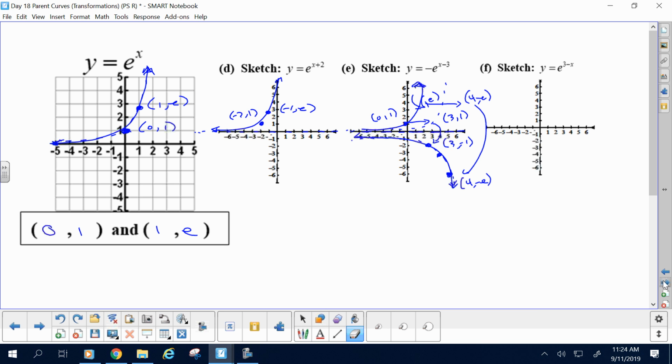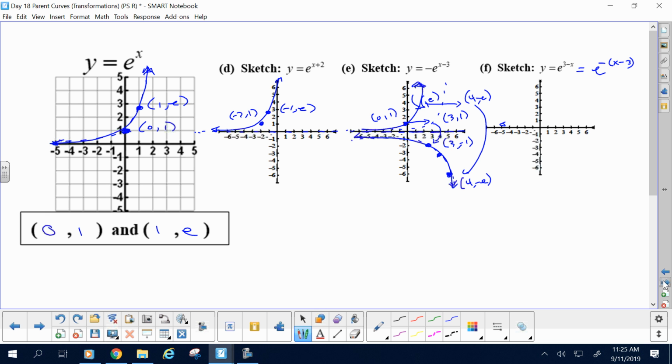Should we go back and scratch this and try it again, or just go on to this one? All right, so what do you reckon we should do here? Factor it. So it's e to the negative x minus 3. All right, so now, what would the 3 do?